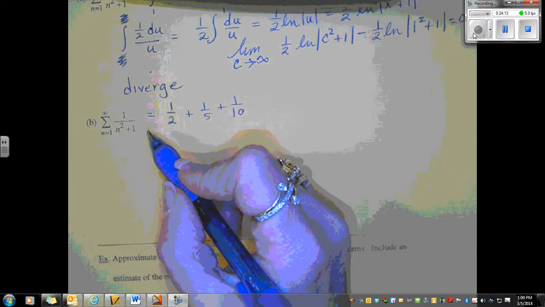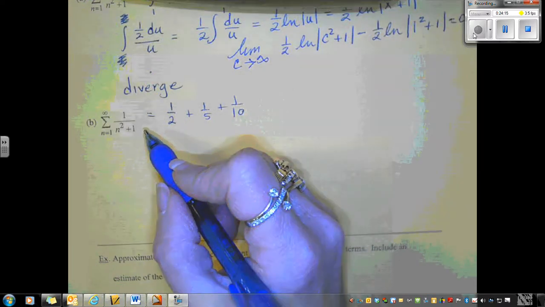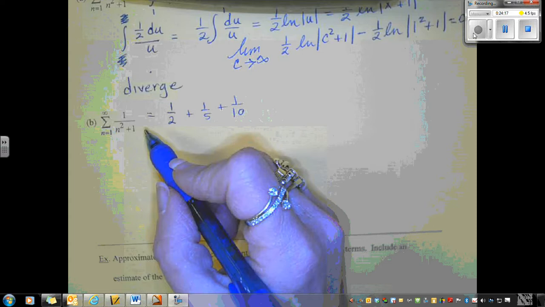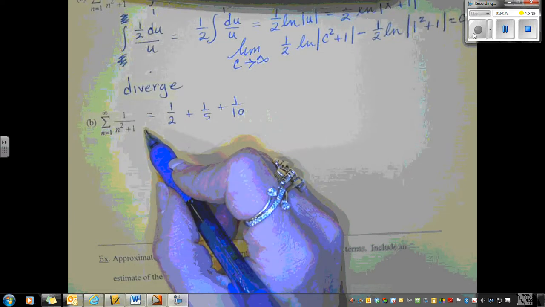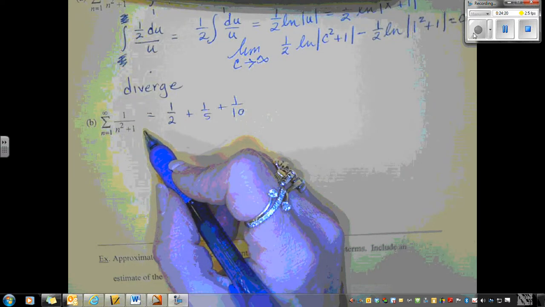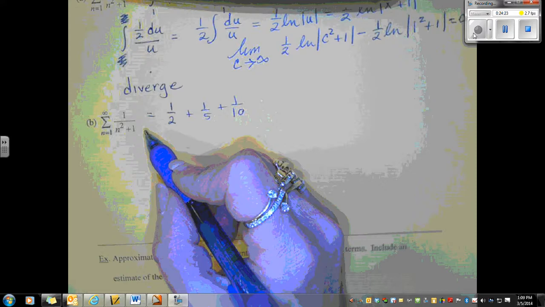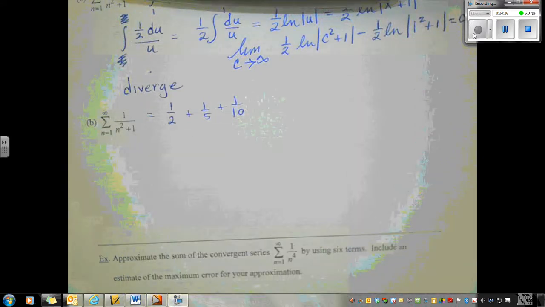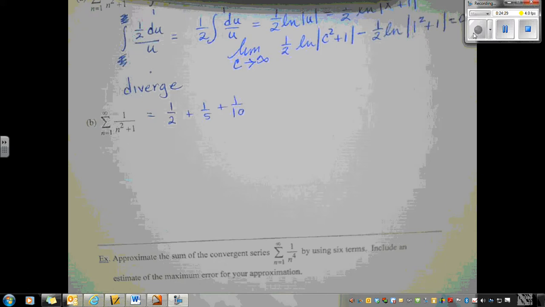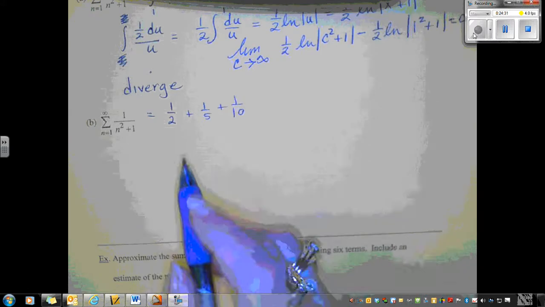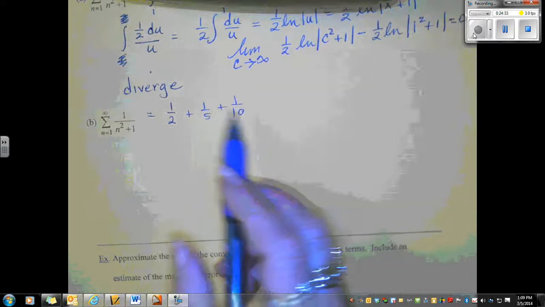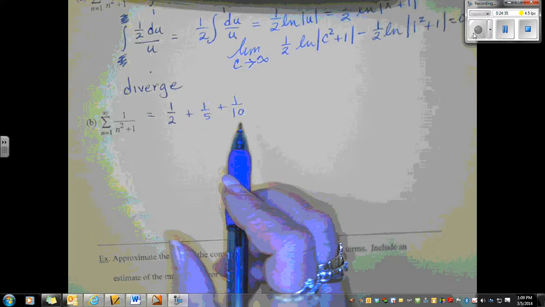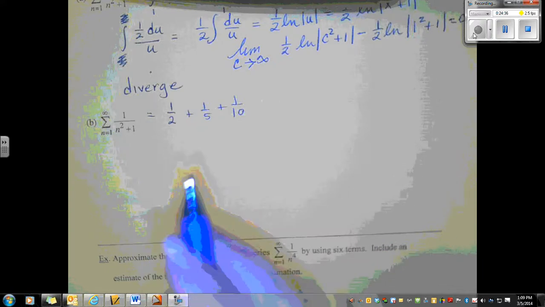Okay, then we could see nth term for divergence. Okay, it says if the limit as n goes to infinity, what's the limit of this thing? Okay, so that tells us nothing, right? And we're also not a telescoping series. So here we go again. Let's use the integral test.